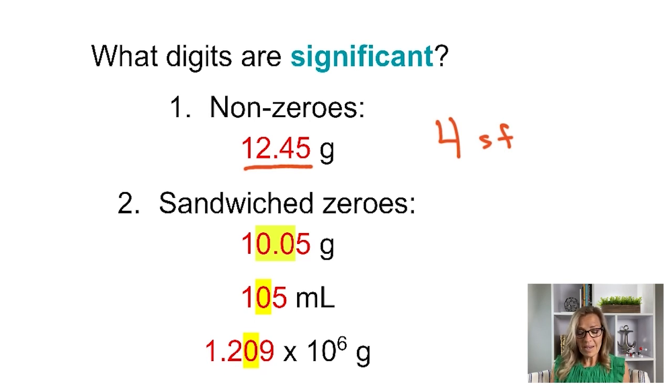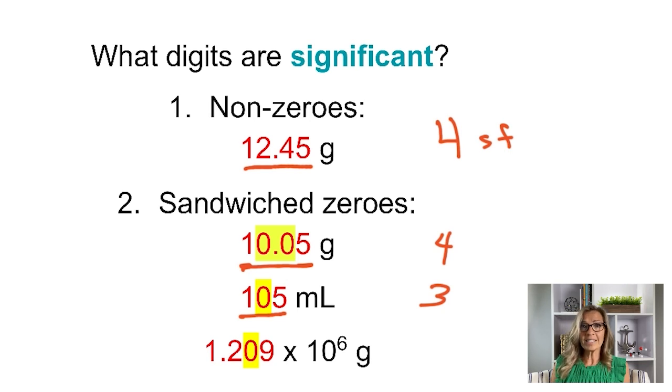So hang in there. All right, the next rule is the sandwich rule. That's what I call it. If we have zeros that are sandwiched between significant figures, so the 1 is significant, the 5, those zeros are sandwiched. So those are also significant. So we've got 4 right there. The next number, the 1, the 5, and then a sandwich 0. So we have 3 sig figs.